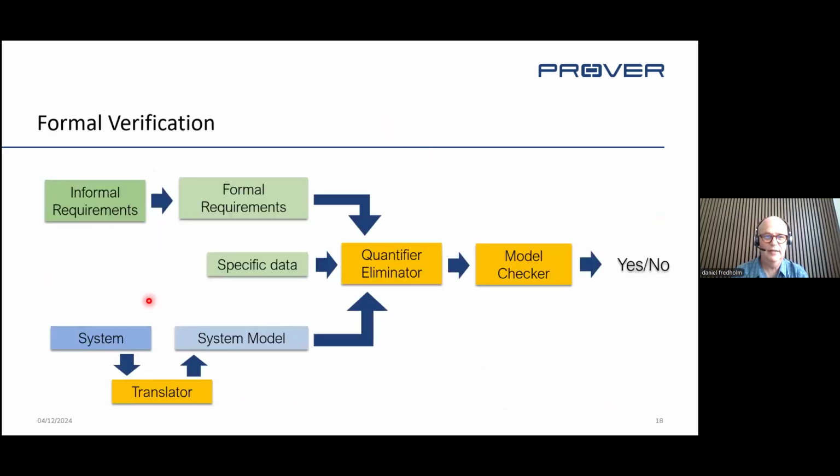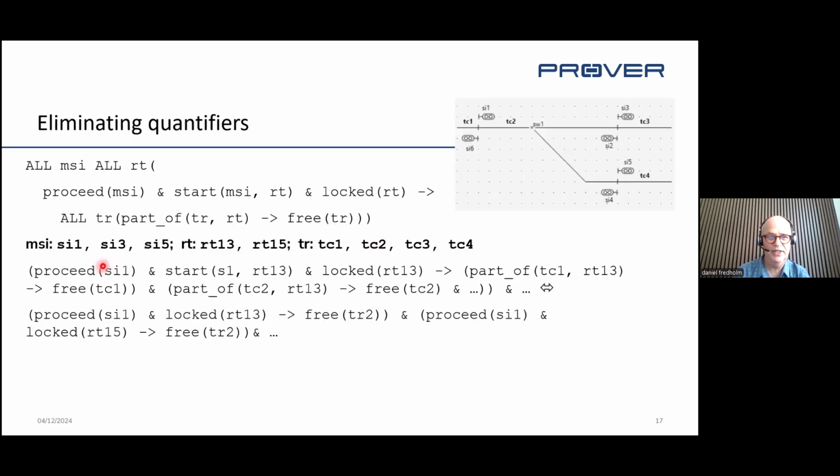If we look at the flow here, then that information is provided here. And if we're going to be a bit technical, it's actually just a matter of defining these static predicates, like start and part of. Okay. And you do that by studying the layout of the rail yard.